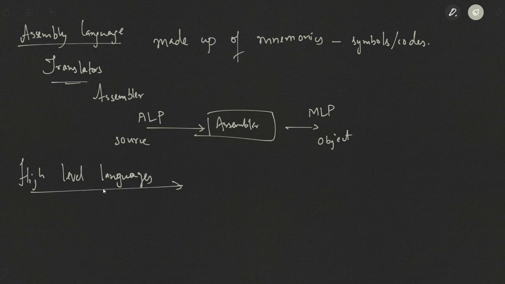So these are simpler for us as a user. They are simple English like statements, like you have done in case of MATLAB, using simple if and else logics. Program development is therefore easy.